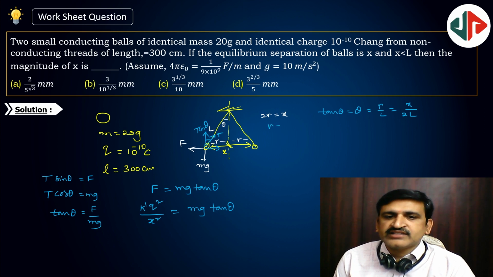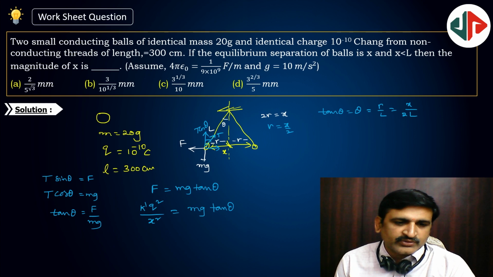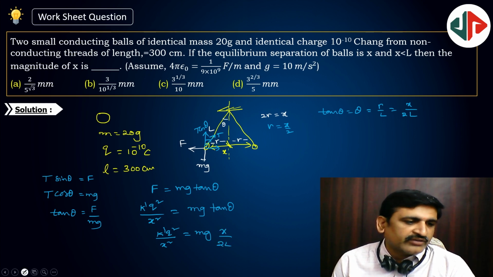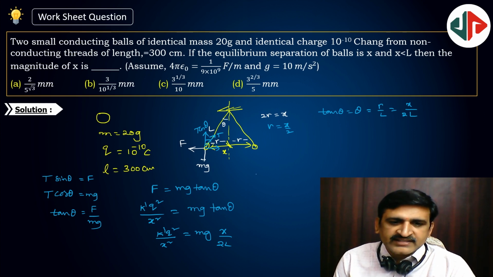So I can replace that here: k dash q square by x square is equal to mg into x by 2L. So x cube is equal to k dash q square 2L by mg.